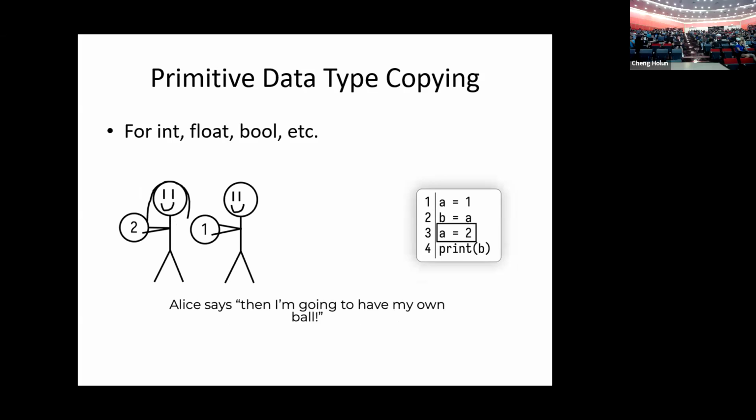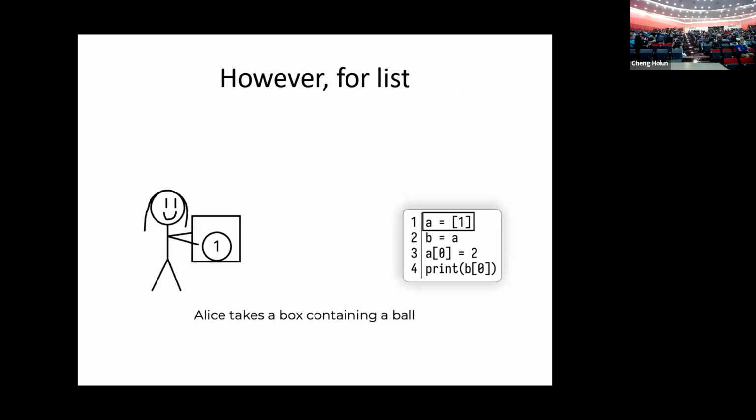I have emphasized it many, many times, Bob has a duplication of the 1. That means you clone the 1 for Bob. And when you assign 2 to Alice, Alice will have 2 and it will not affect Bob. A is 2, B is 1. If you change A, you won't change B, okay? So the final answer, if I ask what Bob has, Bob has 1 now because he has the 1 that's separate. What happened is the primitive data type.